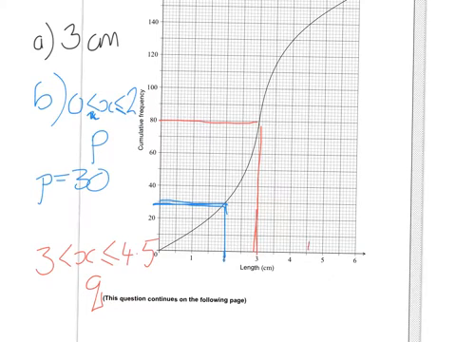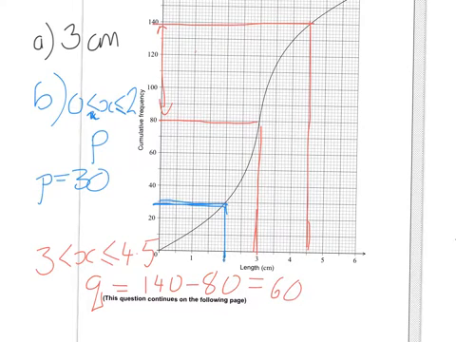Here's 4.5. So the question is essentially asking how many fish are in that group. So Q is equal to 140 minus 80, which is 60. There are 60 fish here between those two lengths.